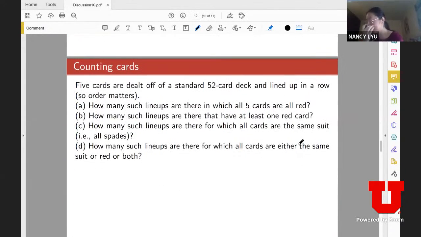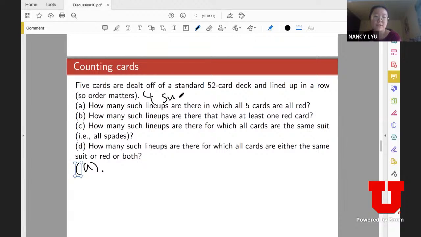Okay, so the next one is counting cards. Suppose we have 5 cards dealt off of a standard 52 card deck and lined up in a row, so the order does matter here. Part A asks, how many such lineups are there in which all 5 cards are red?